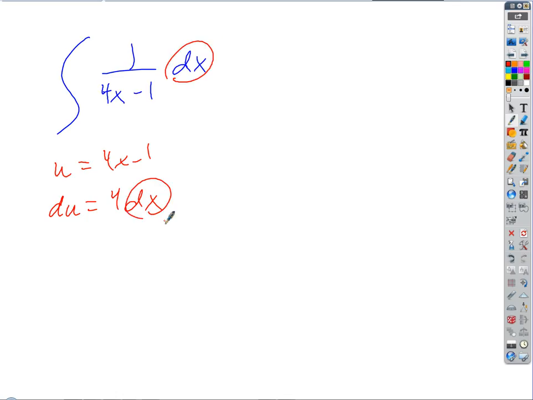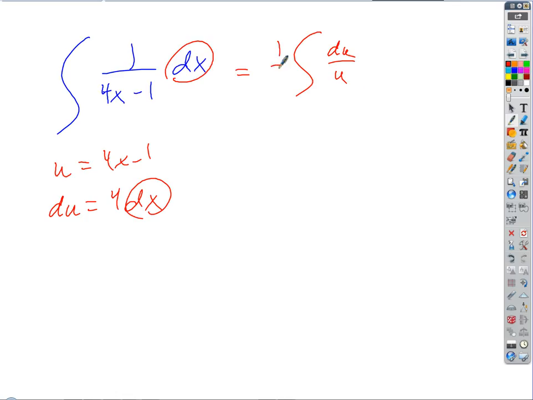So then what's this look like in terms of u's? So you have 1 over u, and 1 over 4. Okay, you're right, we have a du over u, but dx is not really equal to du. What's it equal to?